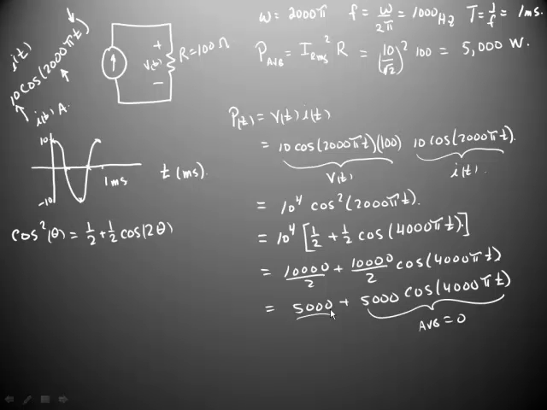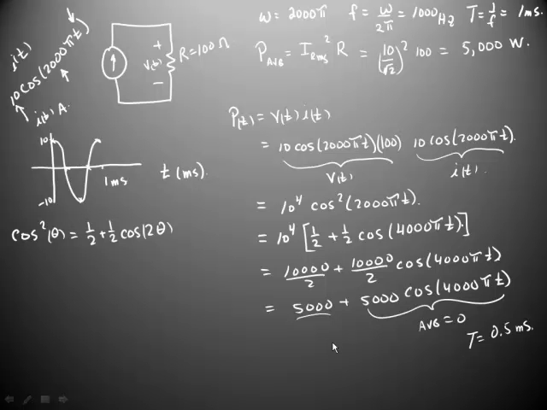Now, in order to sketch this, we're going to need to figure out what the period of our new waveform is. The angular frequency is 4000 pi. The frequency in hertz will be 2000 hertz, and that gives us a period for our waveform of 1/2 millisecond.